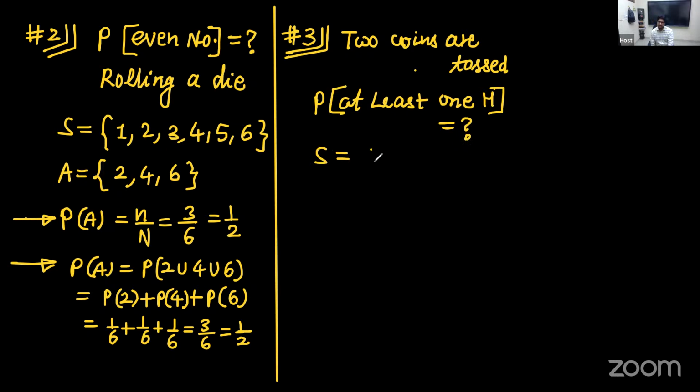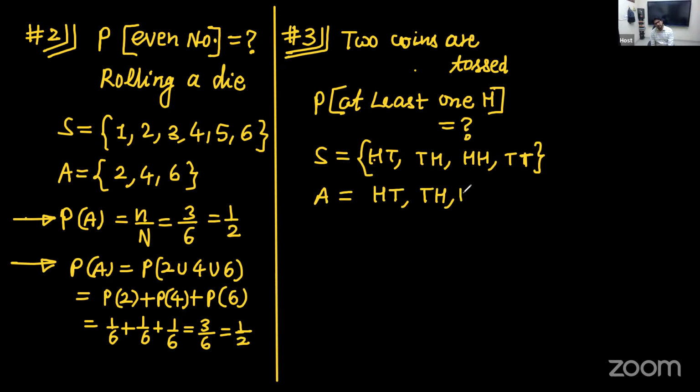Once again, sample space is HT, TH, HH, and TT. The event you want is at least one head.